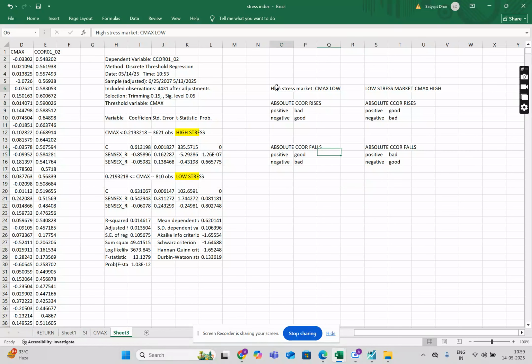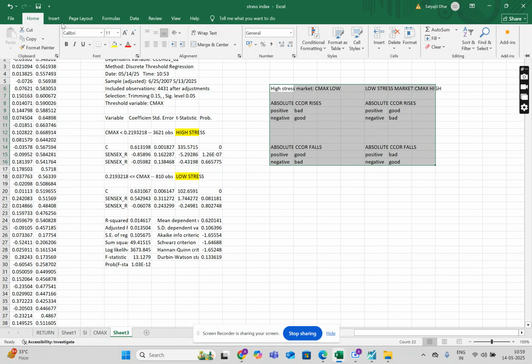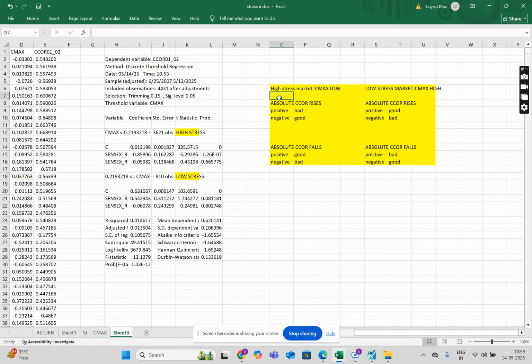So this is, we'll highlight this, and so that you understand better, I will write here market doing bad. Okay, and here market is optimistic. So I'll write market is pessimistic. Actually, it's better.